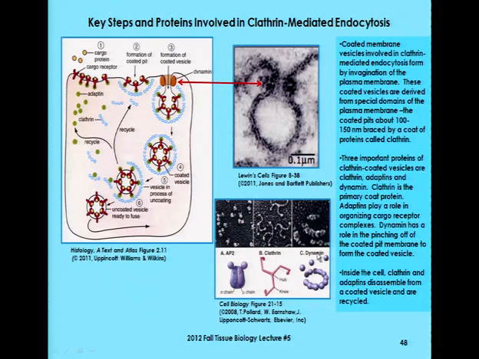Dynamin is another protein that plays an important role in the formation of a coated vesicle because it serves to pinch off the membrane and subsequently release it into the cytoplasm as a coated vesicle. And once the coated vesicle is inside the cytoplasm, there is depolymerization of the clathrin coat and also release of the adaptin molecules to be recycled back again along the plasma membrane.